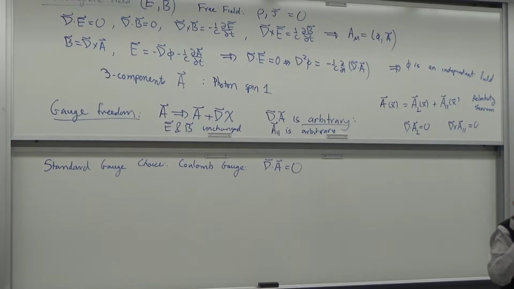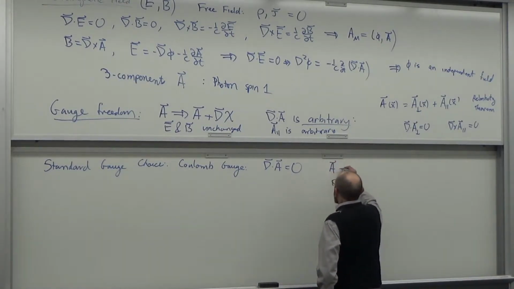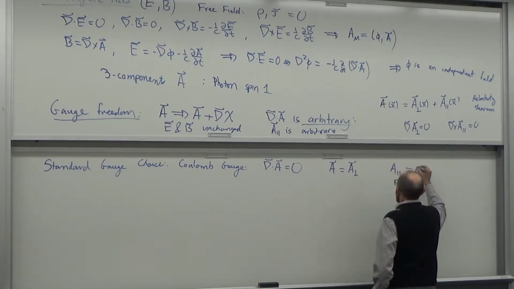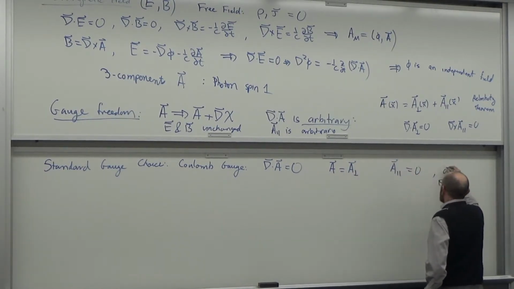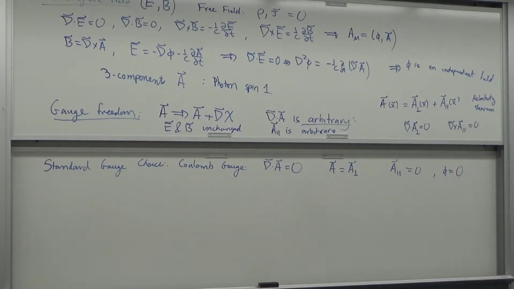We could use anything we want. Why not choose that? And let's keep it around. Okay? So in this case, A is a purely transverse field. The longitudinal part is 0. Of course, that also means the scalar potential is 0 in this gauge for a free field.